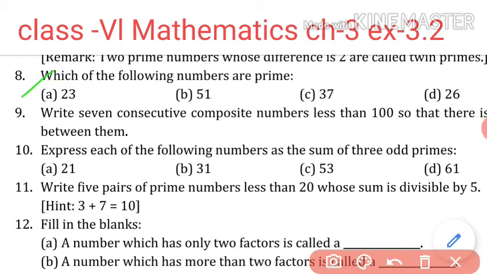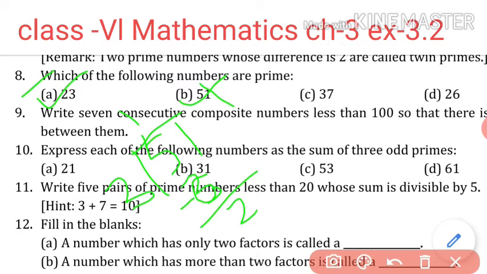Question number 8. Which of the following numbers are prime numbers? Now you have to say which are prime numbers. Now 23. 23 is a prime number, isn't it? Now 51 is also a prime number. Sorry, 51 is not a prime number because 51 has factors 3 and also 1 and 51. So this is not a prime number because 51 will divide by 3. 3 ones are 3.